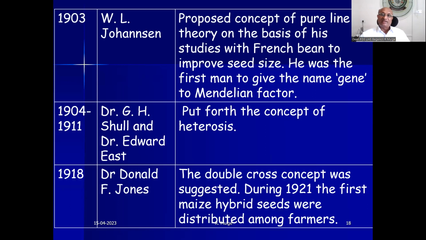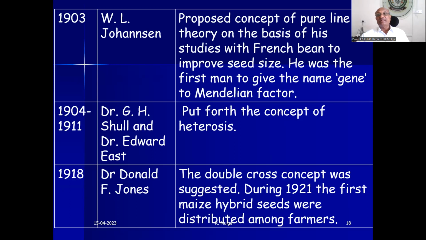Maize being a cross-pollinated crop, right? You have got the male part and female part. Sexuality is there, but in the same plant you have got male and female parts. So there is some relevance on the presence of heterosis, and also for getting heterosis, you have to select the parents.